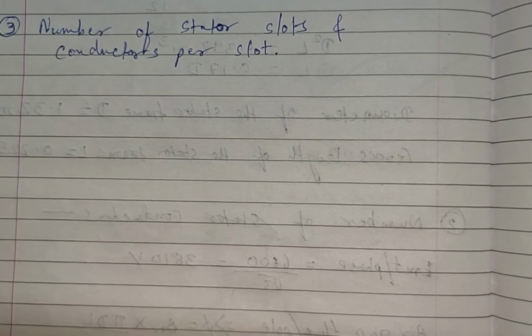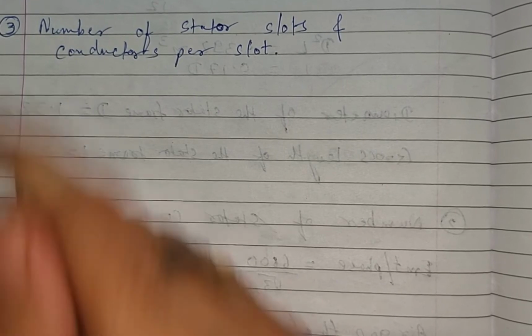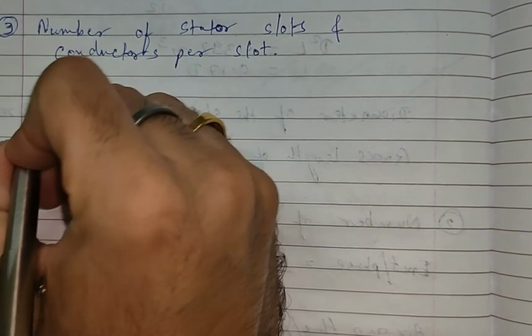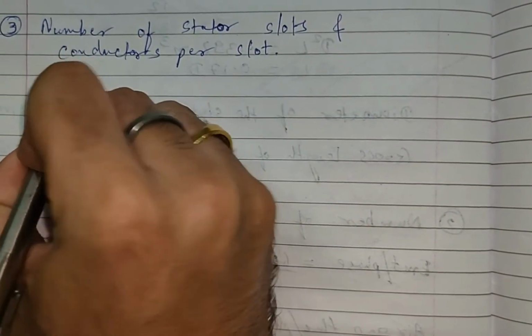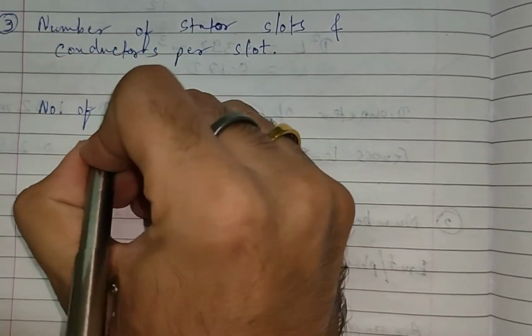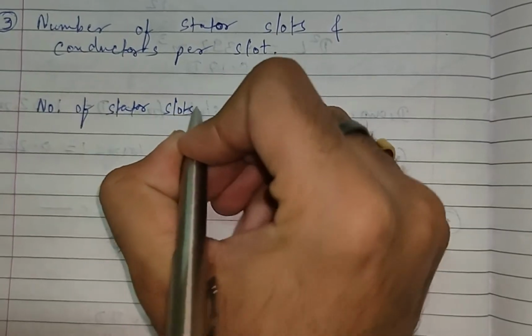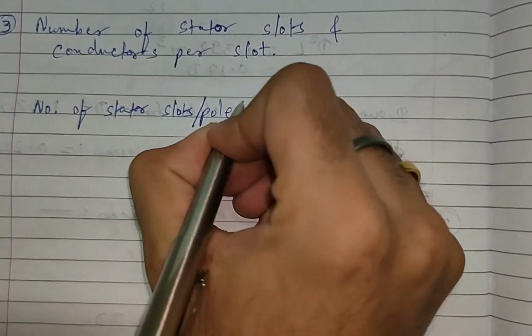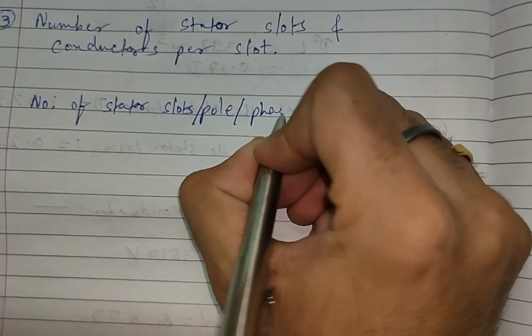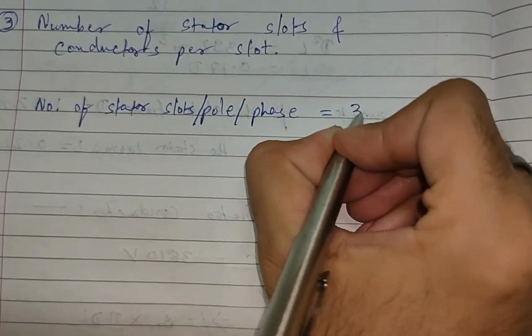So considering all these factors, the number of stator slots per pole per phase is assumed as 3.